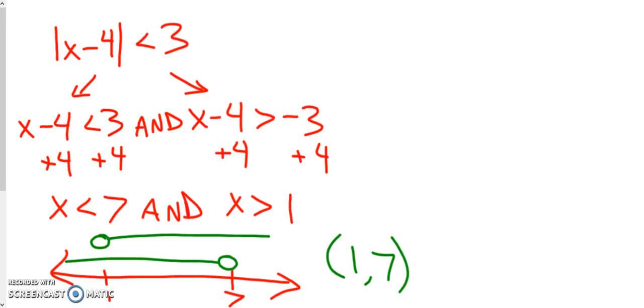Now, the following thing works with and, it does not work with or. But if you remember on the last screen, I made it into a compound inequality. So if you don't want to do it like this, you can just remember that if it's less than, you can make it into this.